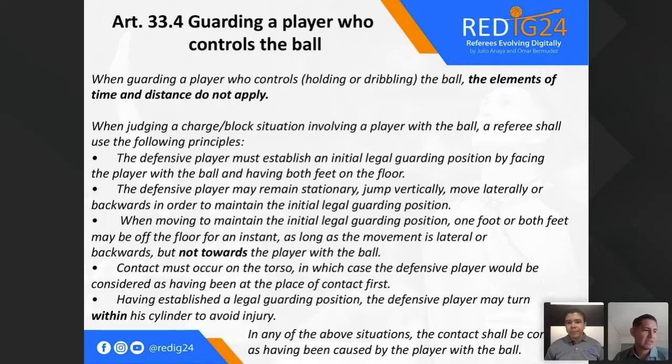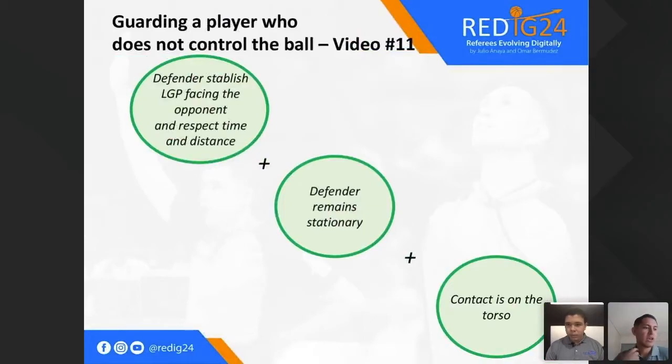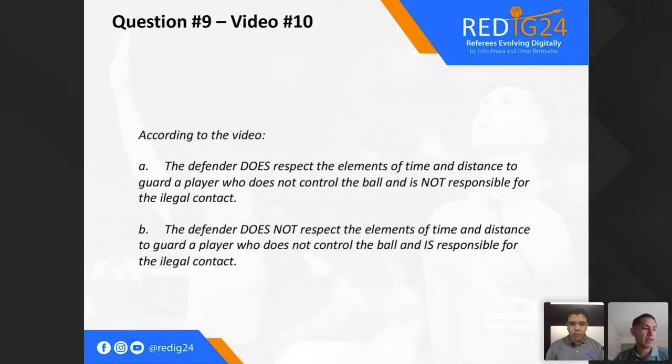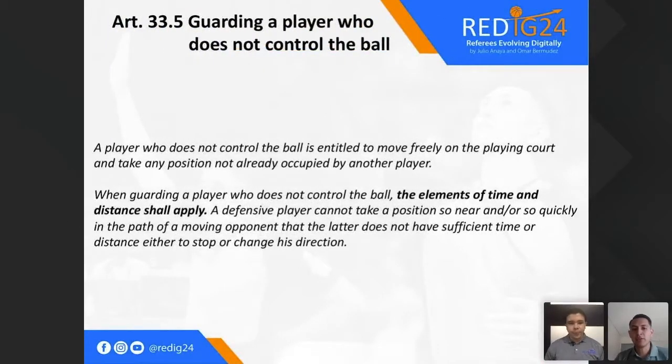So in the case that the player does not have the ball, remember the rule says, if we can go backwards a little bit to the last page, in the first paragraph, it says a player who does not control the ball is entitled to move freely on the playing court and take any position not already occupied by another player.